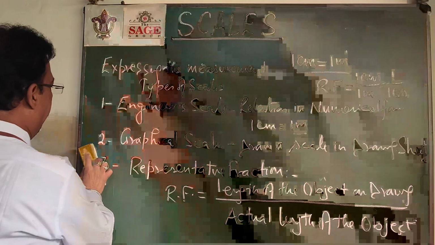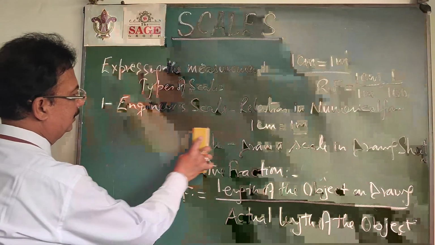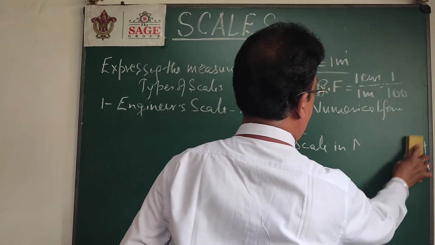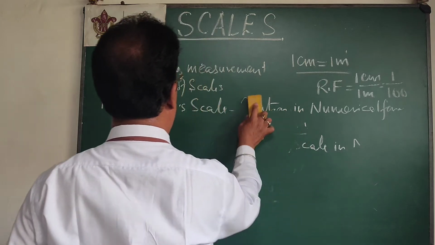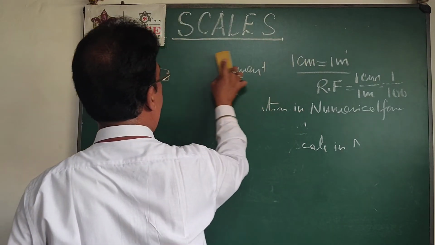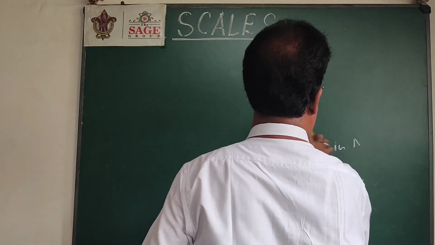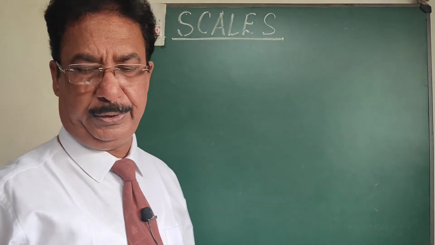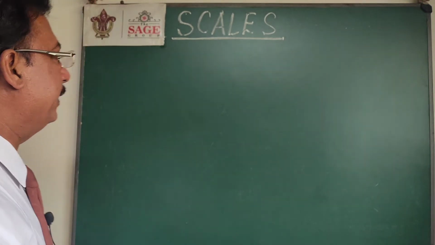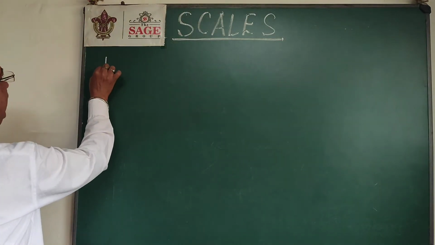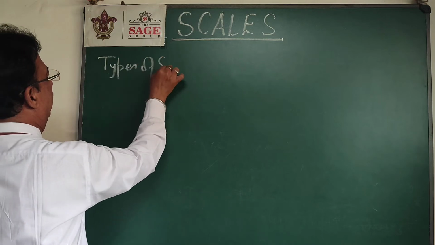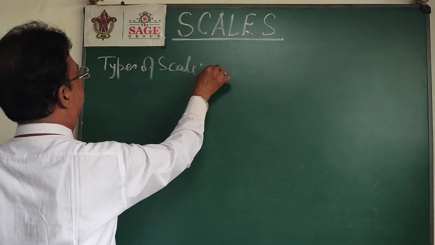In our scales, the first and prime requirement for drawing any scale is its RF. Without RF there is no scale. No scale is possible without RF. Earlier we did not use this term RF, but now we are going to use it. Again I am coming back to our three types of scales discussed earlier. Our first scale is the full size scale.